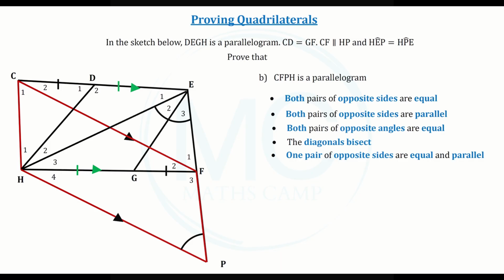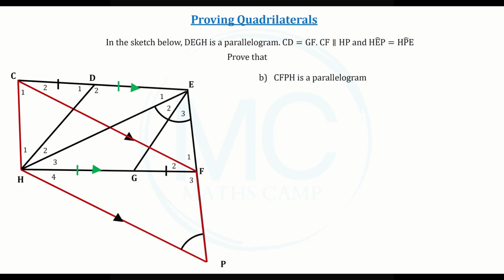Now, CFPH only has one diagonal, so we cannot use diagonals as a reason. We also don't have enough information about the interior angles, so let's focus on the sides.